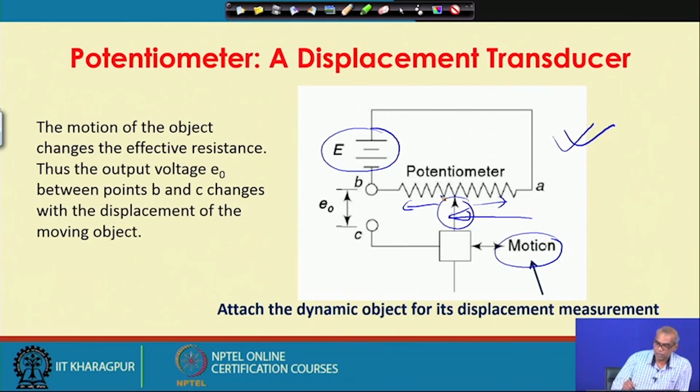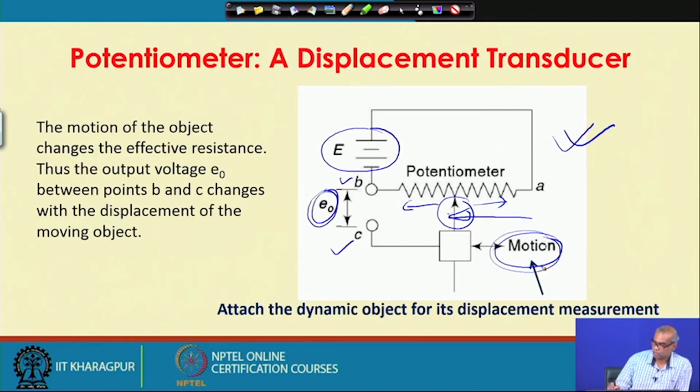Thus, the output voltage E 0 between points B and C changes with the displacement of the moving object. So, the output voltage E 0 is a measure of the displacement of the moving object. So, the moving object is connected to this arm.